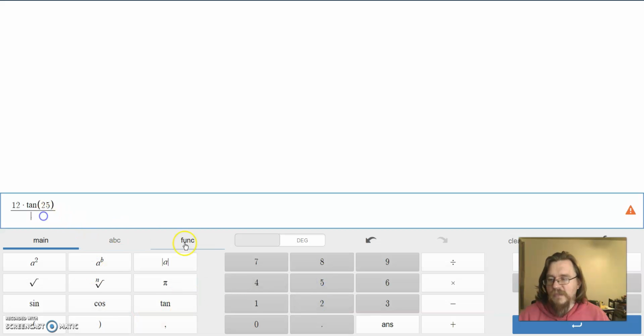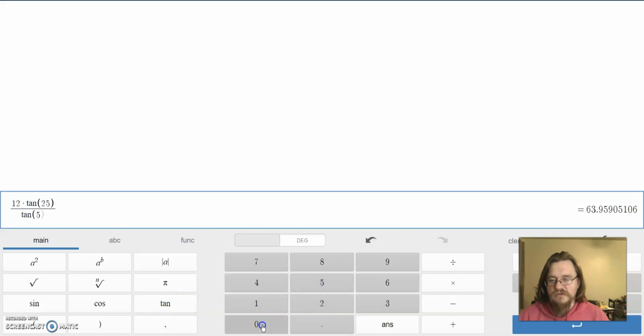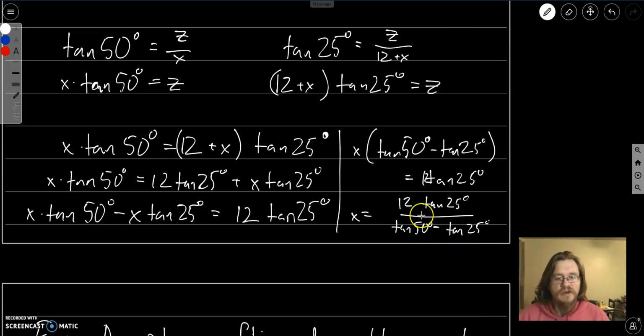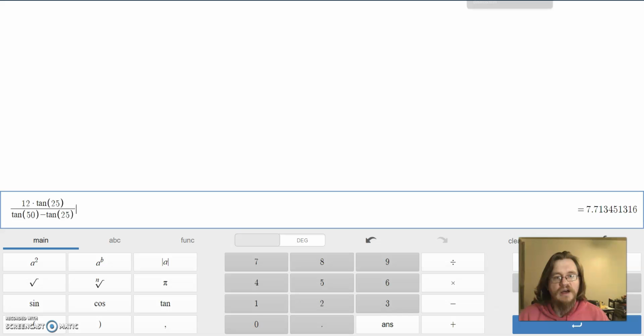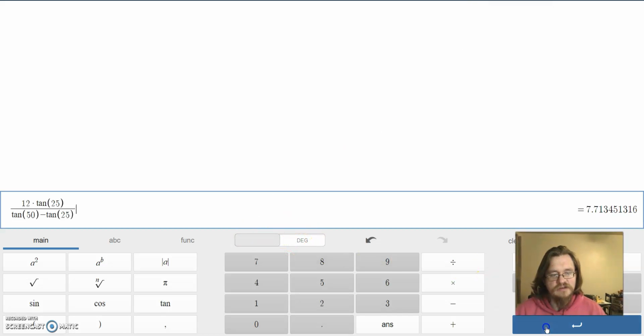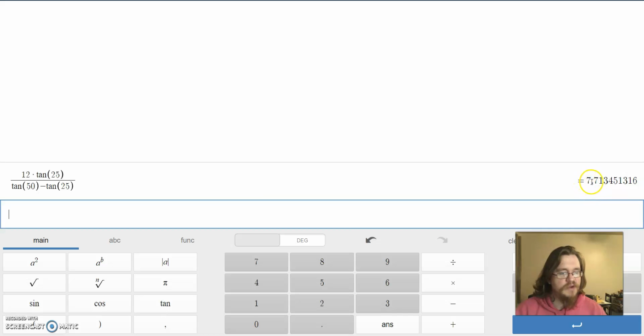Close the parenthesis. On the bottom, we want the tangent of 50 minus the tangent of 25. So I've just plugged in my formula here, making sure that everything is in degrees. I hit enter, and we get 7.7. I'll just round to the nearest tenth here.